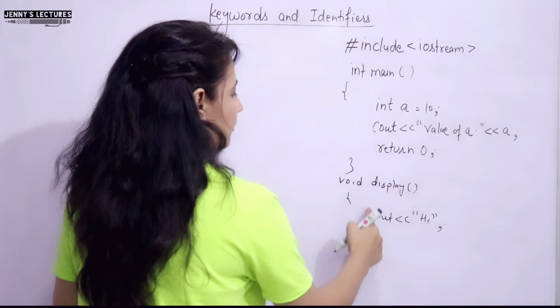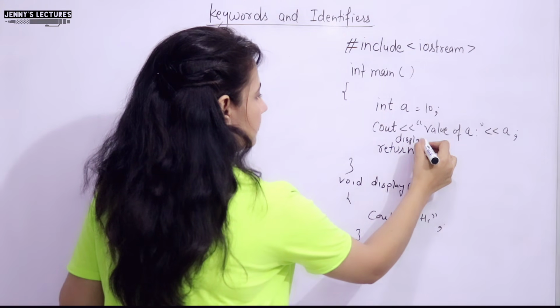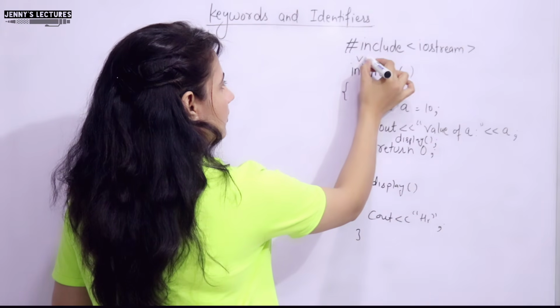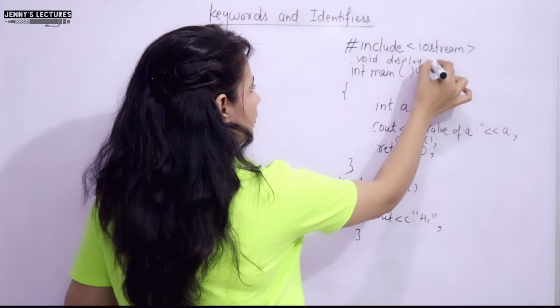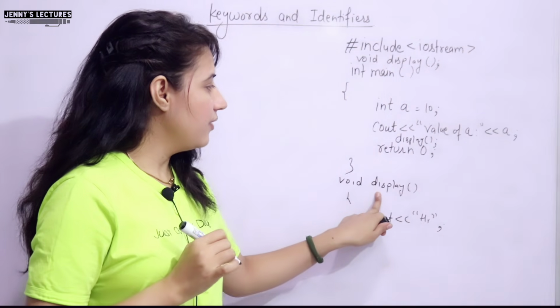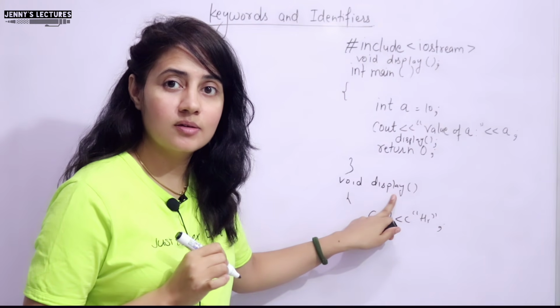And before calling this function display, you have to give its prototype, or you can say declaration of the function, void display. That's it. So if I ask what is this display, you will say it's the name of the function.